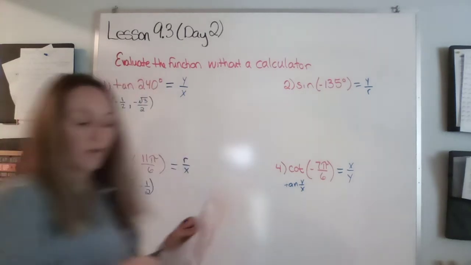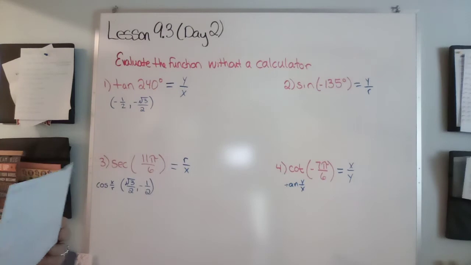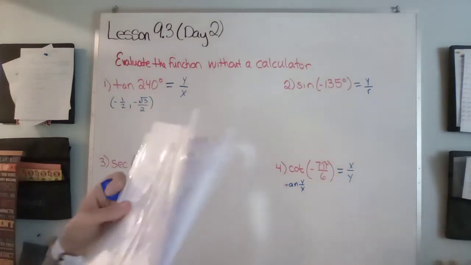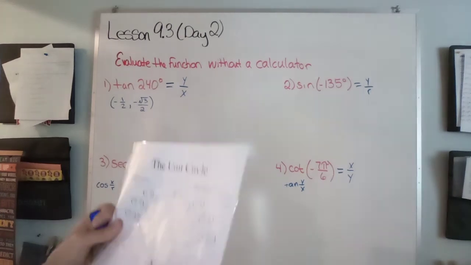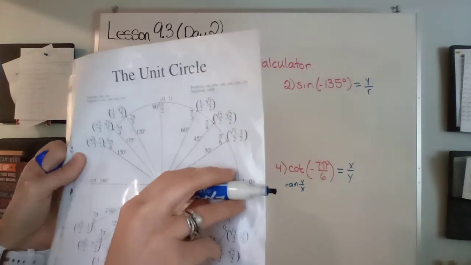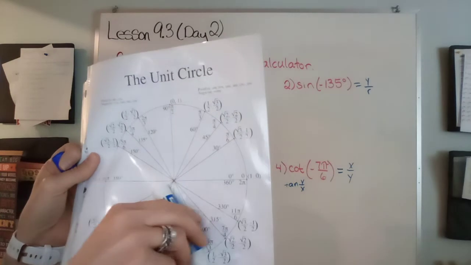Sine of negative 135, so find 135. Oh, actually, it's not 135. We have to think of a reference angle for negative 135. If we rotate negative 135, it's negative, so we're rotating the same direction that the clock rotates.